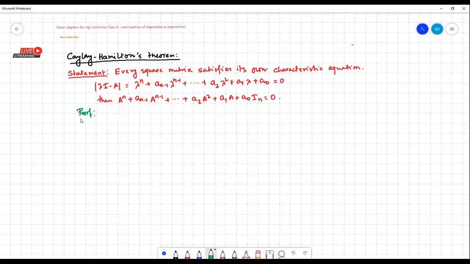So we know adjoint of lambda I minus a into lambda I minus a gives determinant of lambda I minus a times In.